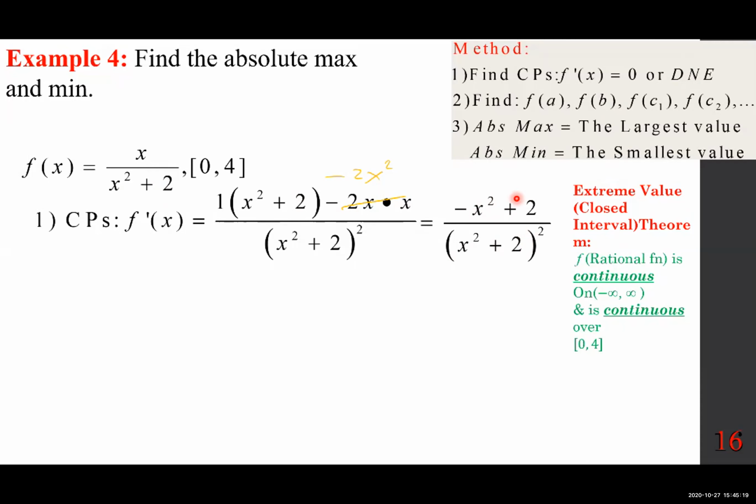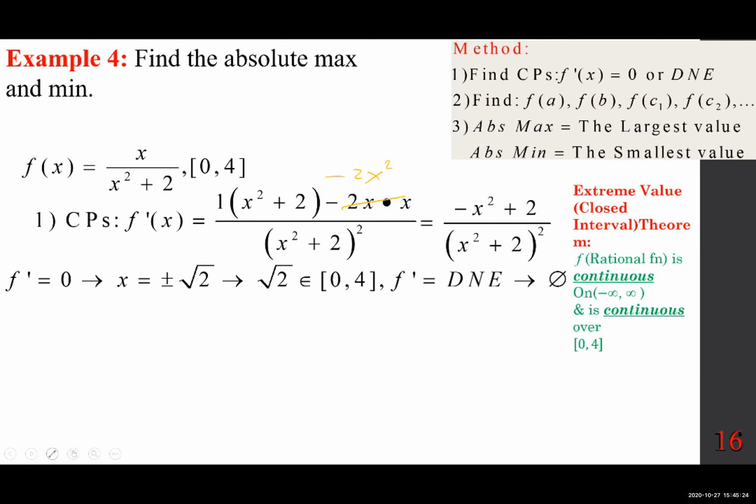If you put the top equal to 0, minus x squared plus 2 is 0. That means 2 is x squared, and x is plus or minus the square root of 2. As you can see, the domain is 0 to 4, so minus the square root of 2 is out, just use the square root of 2. F prime doesn't exist where the denominator is 0, and that doesn't give us anything.